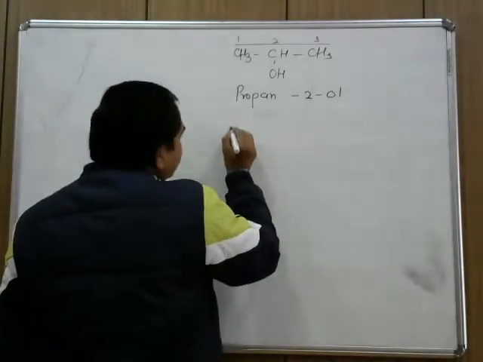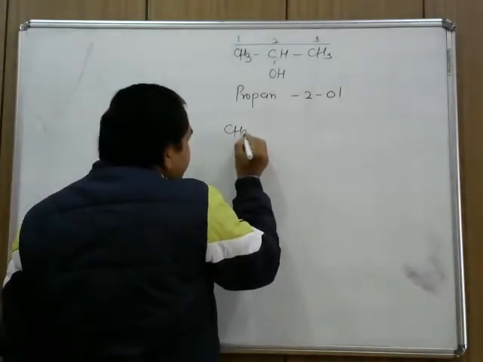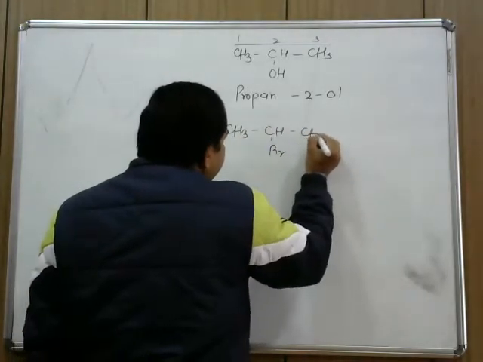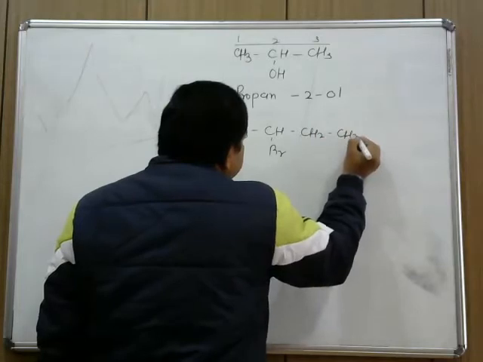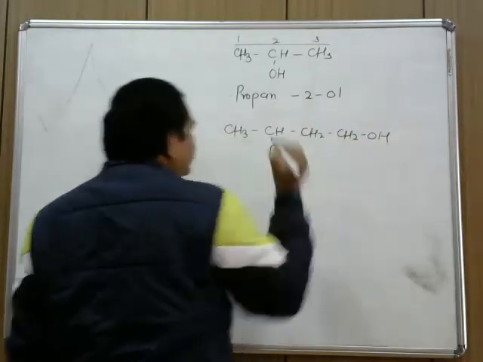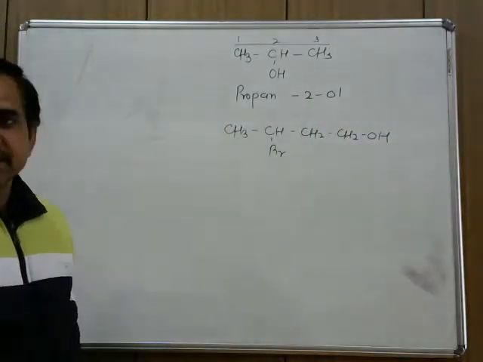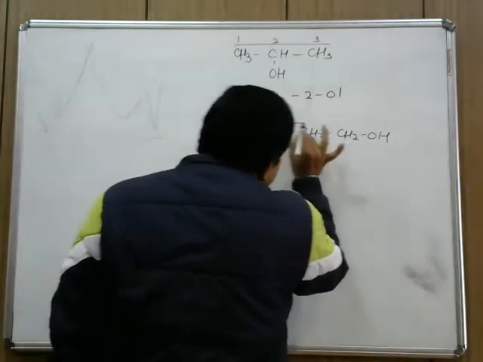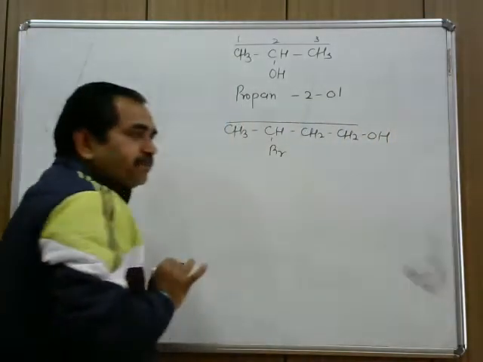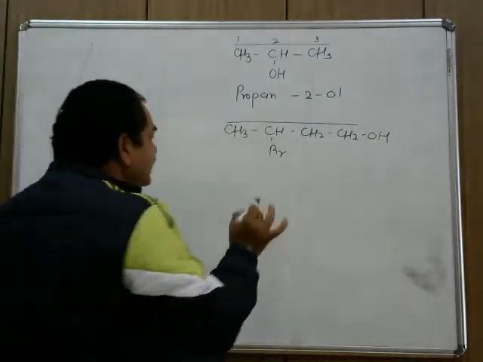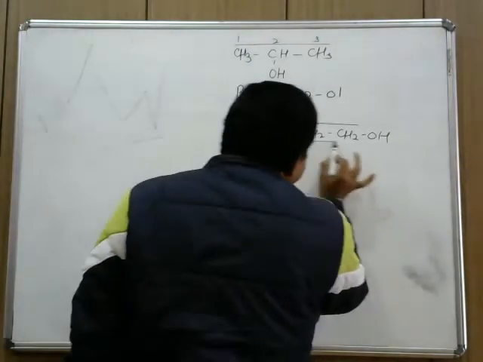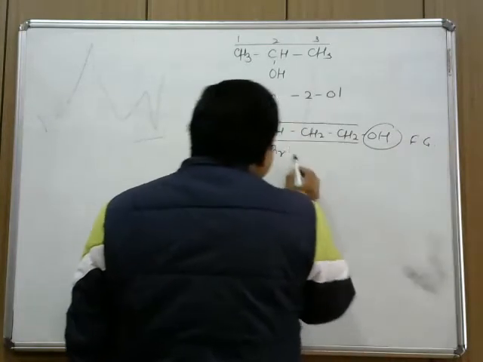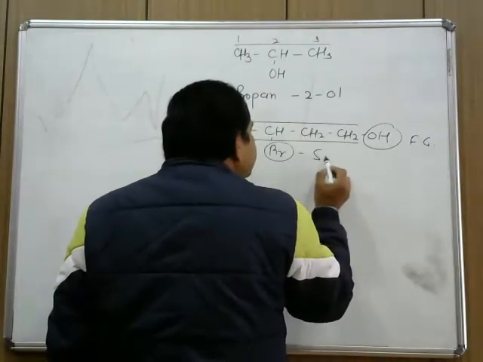Now let us take one more example. CH3CHBrCH2CH2OH. In the first step, we select the longest chain, and after identifying the longest chain, we see that there is a functional group and there is a substituent.